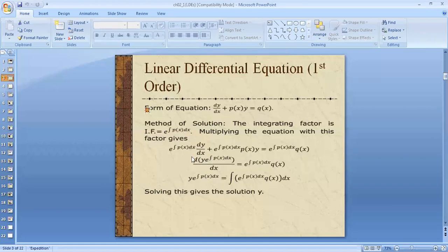Then this becomes the product rule, u times the derivative of v plus v times the derivative of u, so you can write it as d/dx of (uv). Then after taking integration, because this is the antiderivative, we get this result, which can be solved for y, and that is the solution.